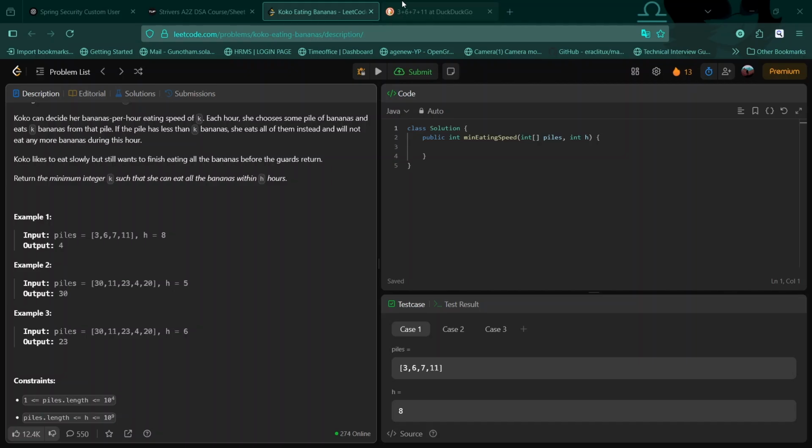Okay, so in that particular hour, she can eat each hour.